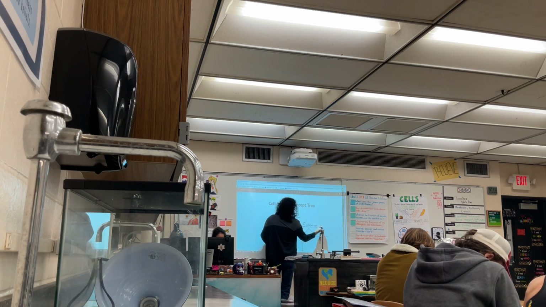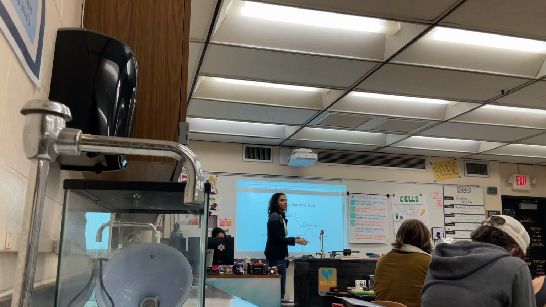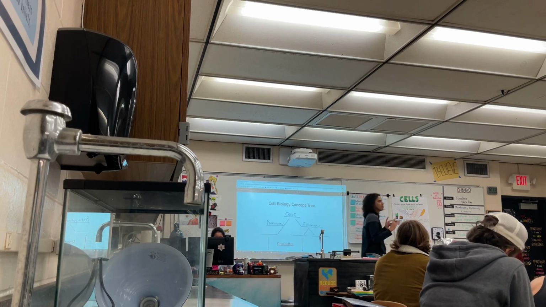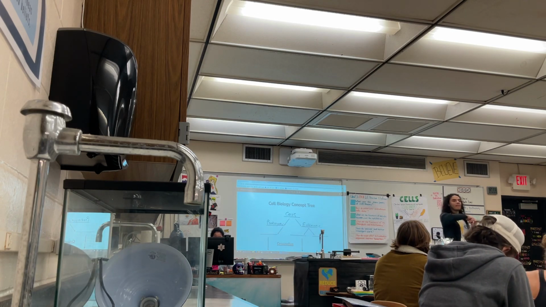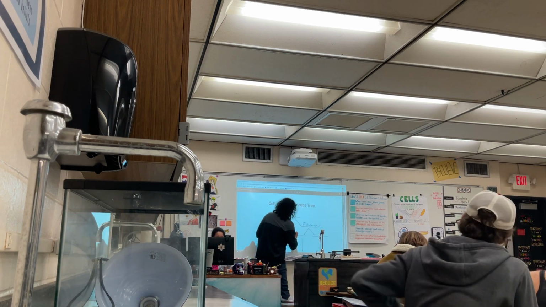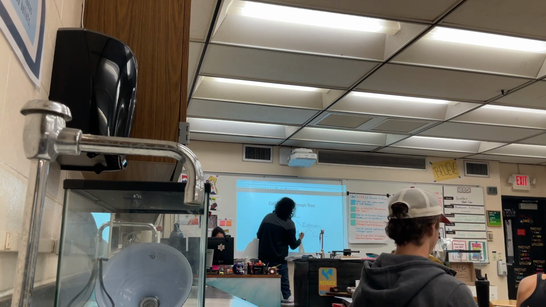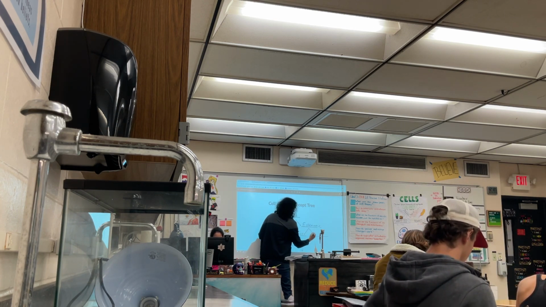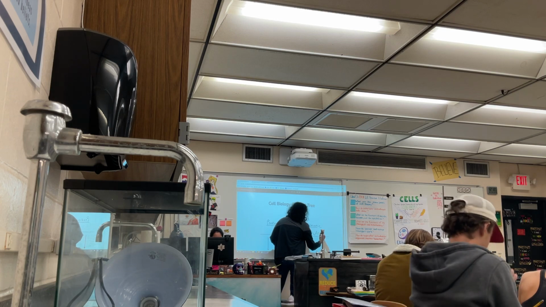The reason we put eukaryotic on the right is because it branches into 2. There are 2 types of eukaryotic cells that we've gone over: plant and animal cells. Put plants in the left one and animal cells in the right one.